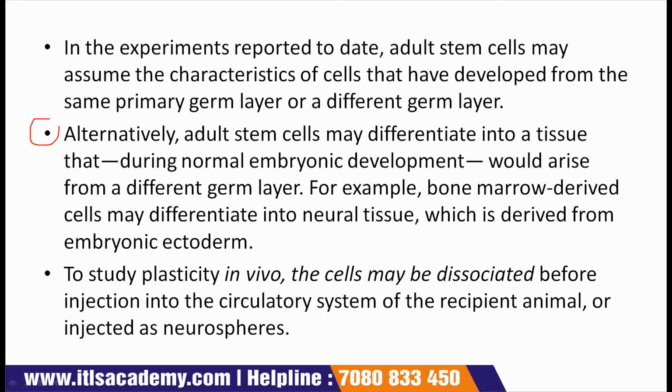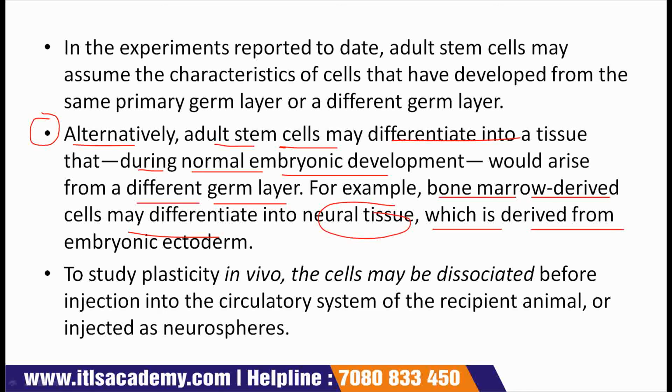Alternatively, adult stem cells may differentiate into a tissue that during normal embryonic development would arise from a different germ layer. For example, bone marrow derived cells may differentiate into neural tissue, which is derived from embryonic ectoderm.